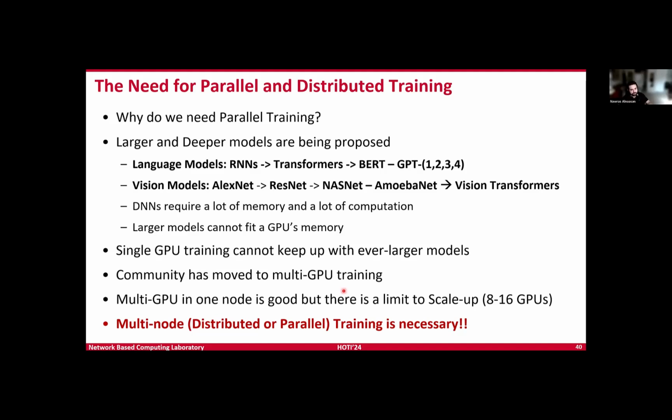But that is limited by how many GPUs you can install on that one computer, right? That's why we need multi-node or distributed training, where we have multiple nodes on the cluster, each one has multiple GPUs, and then somehow we need to communicate or synchronize between these nodes so that they all work on training a single deep learning model.